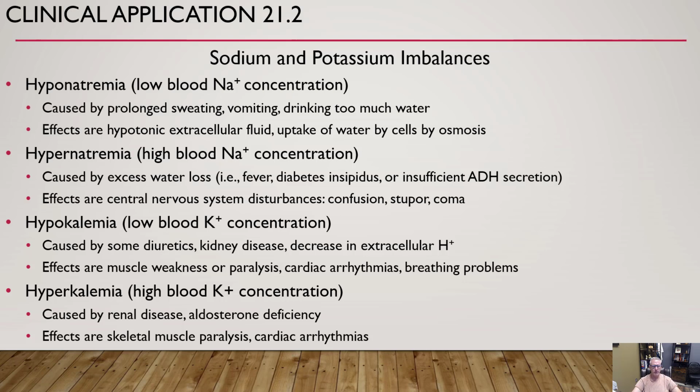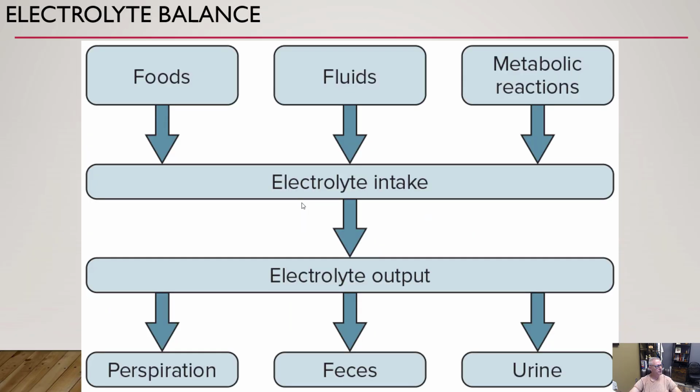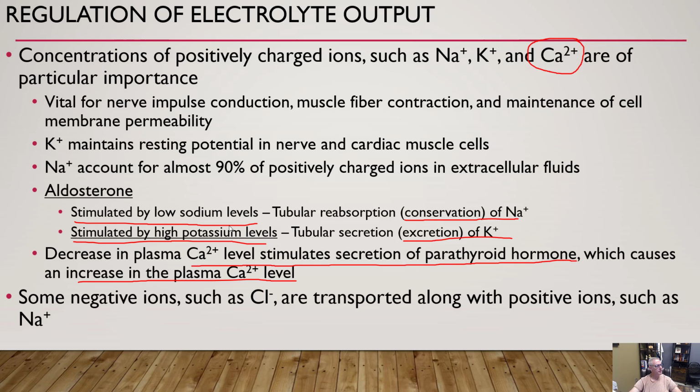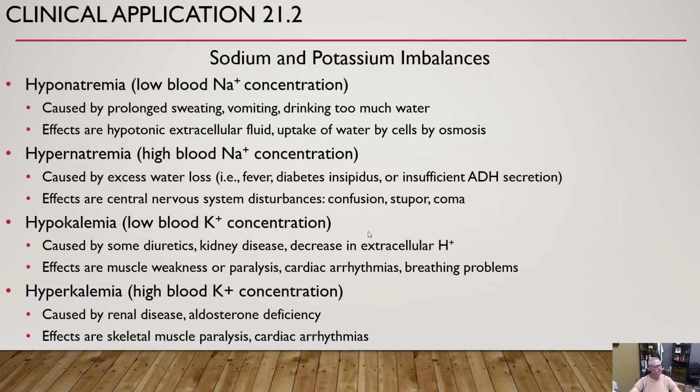Now, with hypercalcemia, we have what's called chronic hypercalcemia, and I mentioned this on that slide that we'll talk about a little bit later on. With chronic hypercalcemia, we have high calcium levels in the blood. It can also be seen with overactive parathyroid glands.